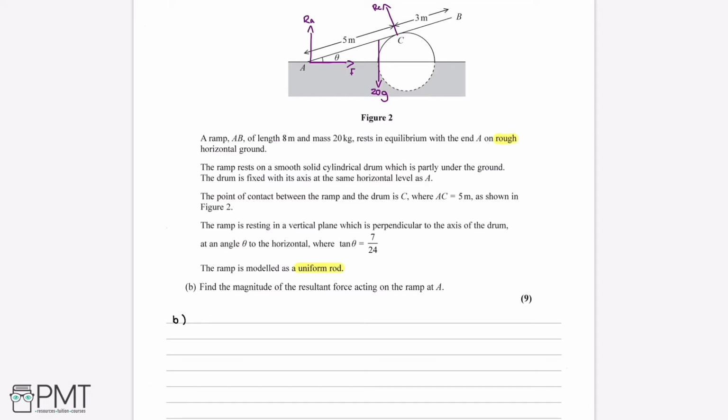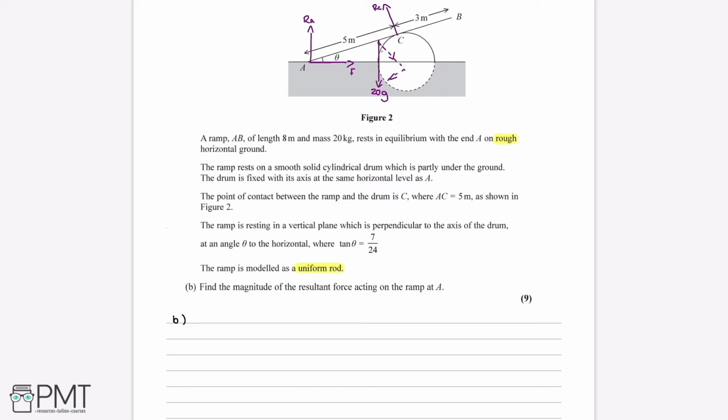So if we start with this weight, resolving would be perpendicular to the plane, which we can say is this line here. Not very accurate, but if this is perpendicular to the plane and this is parallel, we know that the one that's perpendicular is acting away, and the one that's parallel is acting towards the way the weight acts.